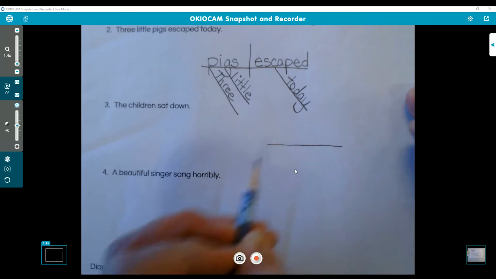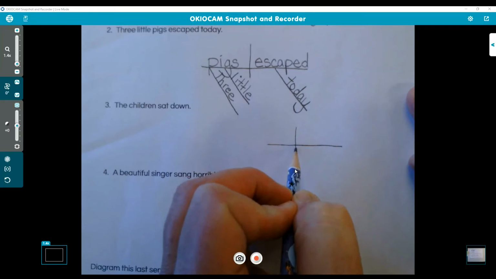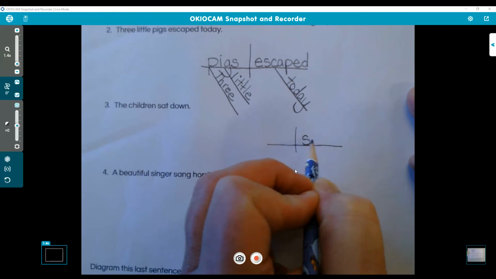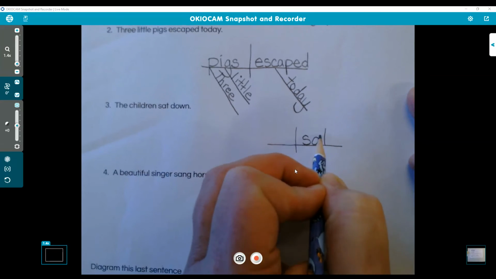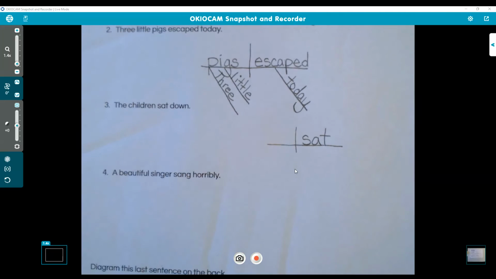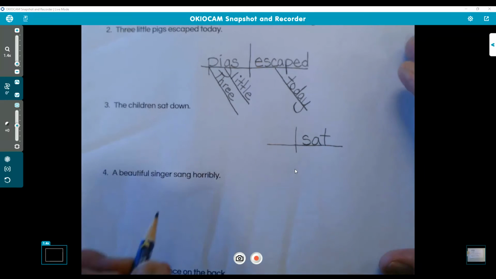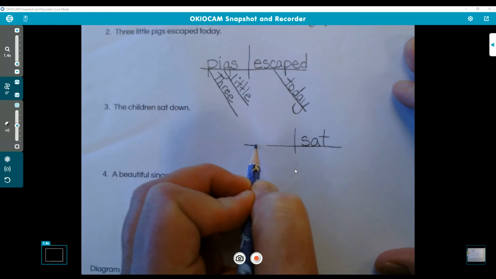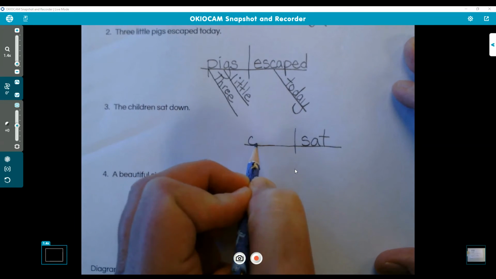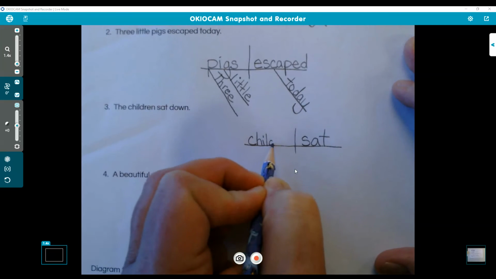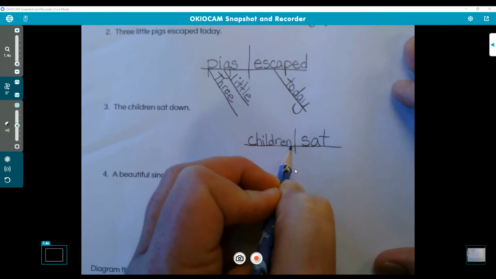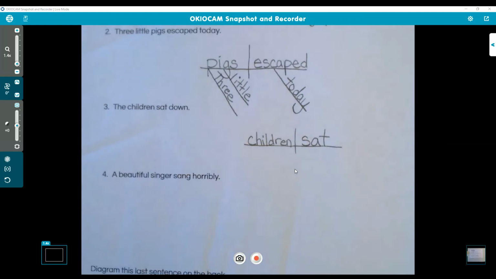Looking first at our verb. Right, what action is happening? Sat. Now, who or what sat? Excellent. Children. I'm going to make that a little bigger to fit that word on there, all right? Children sat. That's our core.